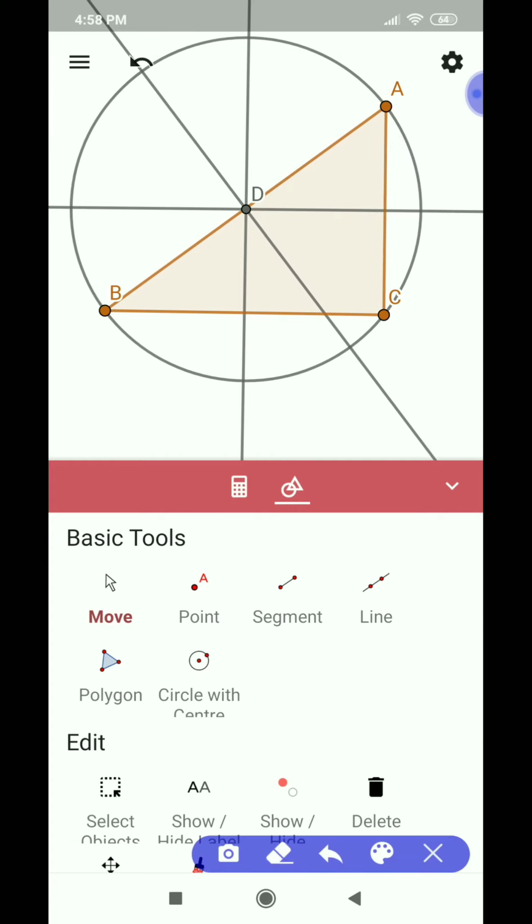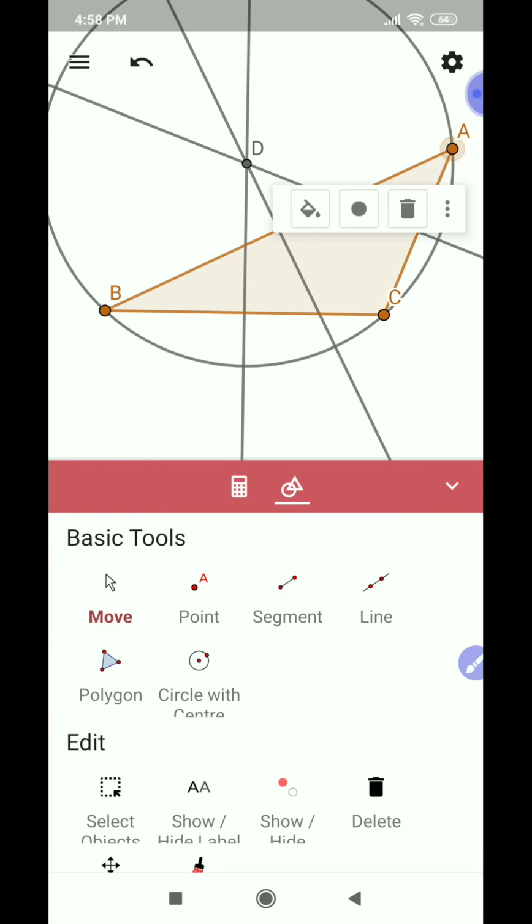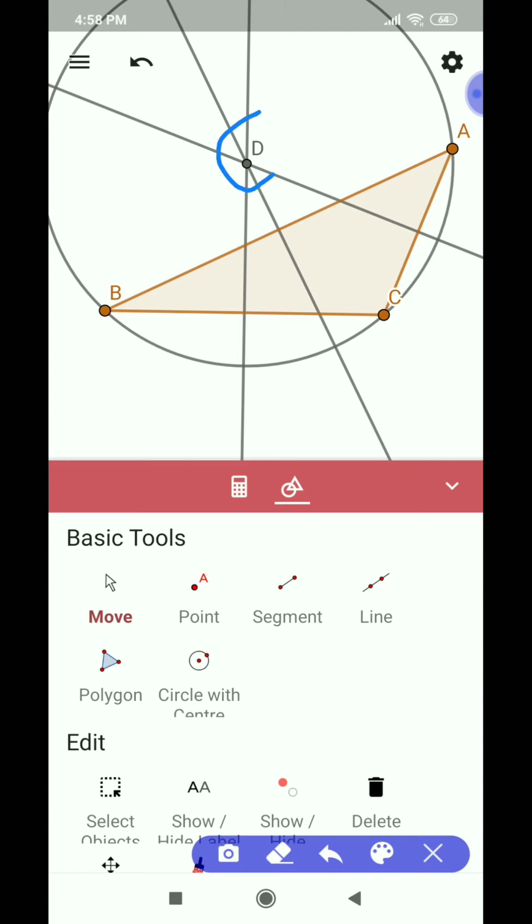If it is a right triangle, then the circumcenter is the midpoint of the hypotenuse. Suppose it is an obtuse triangle, then yes, exactly right. The circumcenter is an exterior point of the triangle.